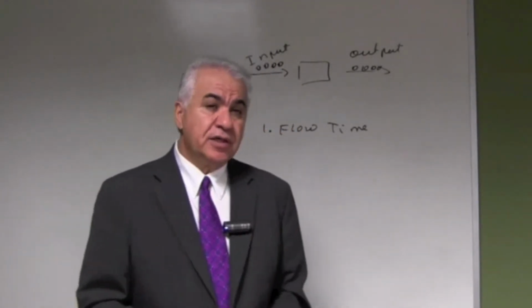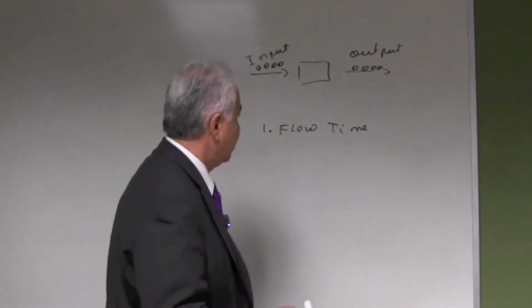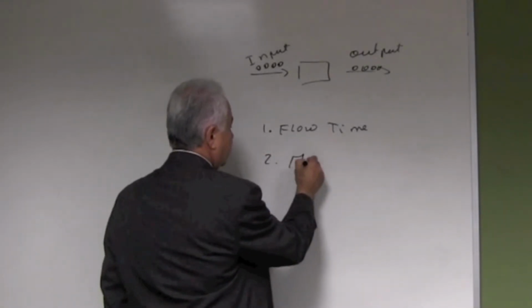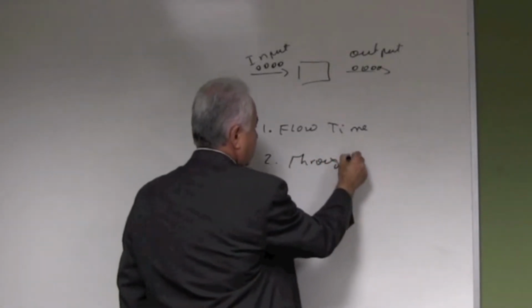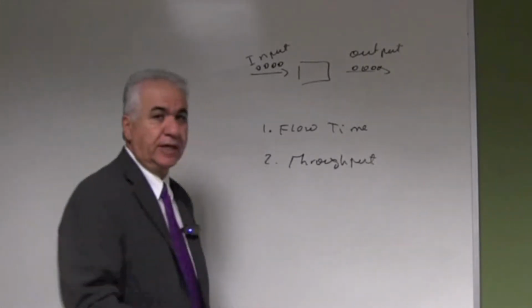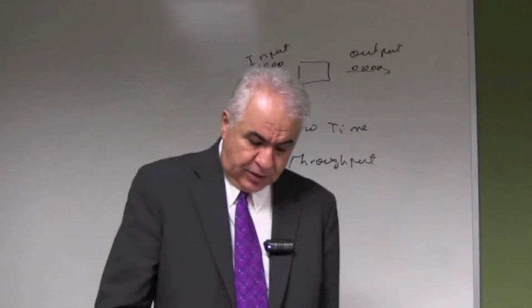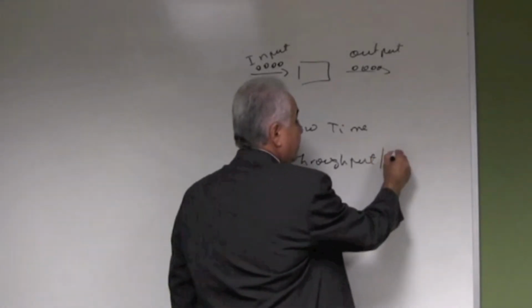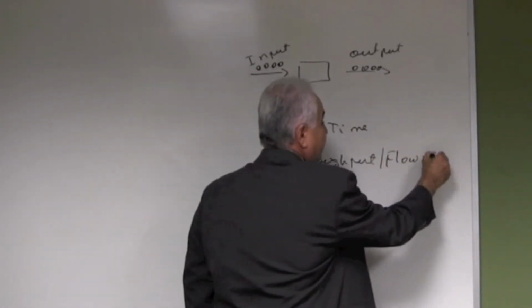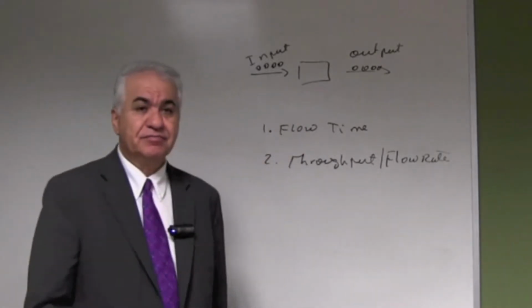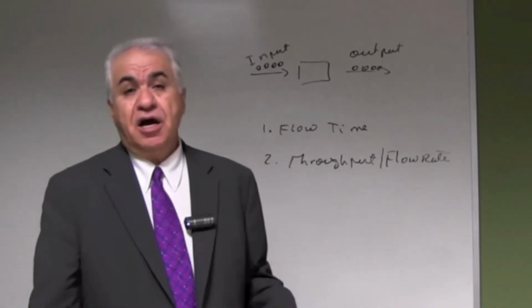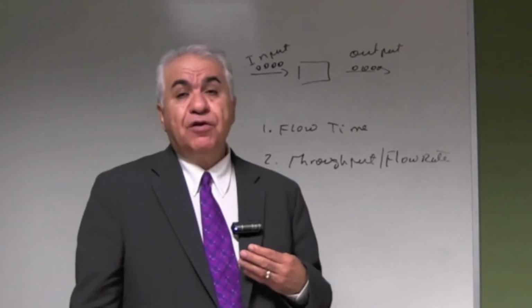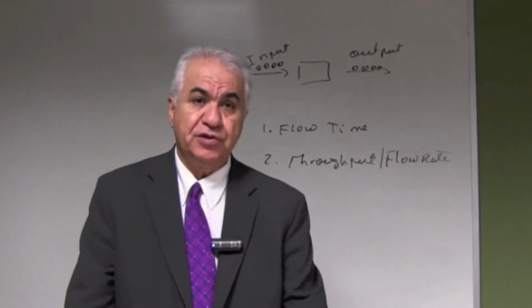In other words, what is our average throughput? Sometimes the throughput is referred to as the flow rate. What is the flow rate of a process? On average, how many units flow through the process per unit of time?